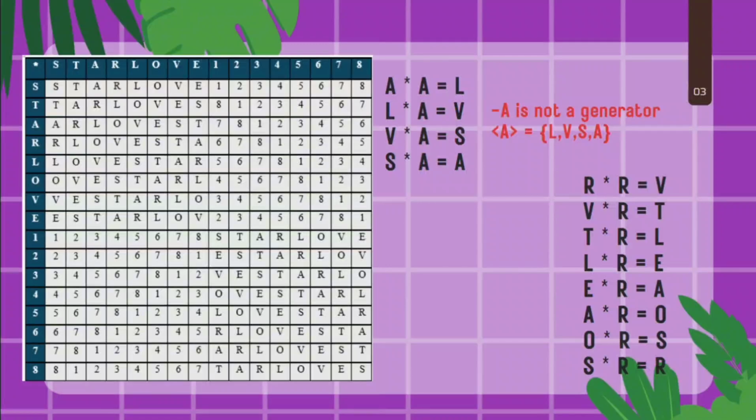Next, we have the element R. Let's determine and explore if this element is a generator of our group table. So, R star R is equal to V, star R is equal to T, star R is equal to L, star R is equal to E, star R is equal to A, star R is equal to O, star R is equal to S, and S star R is equal to R. Therefore, we can conclude that it is not a generator.